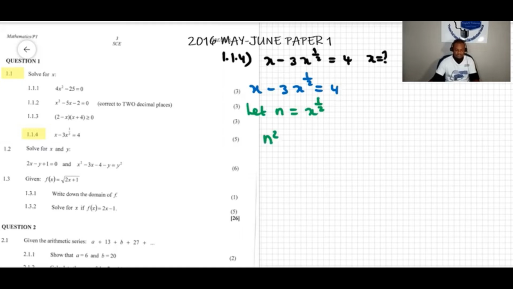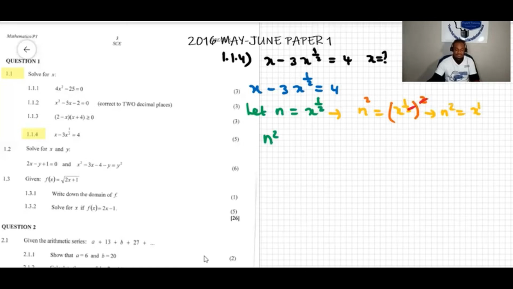Because if n equals x to the power of a half, this means that if I raise it to the power of 2 on both sides, then that means n squared will be equal to x, because over here the exponents can be cancelled, and then I have x to the power of 1, which is n squared.